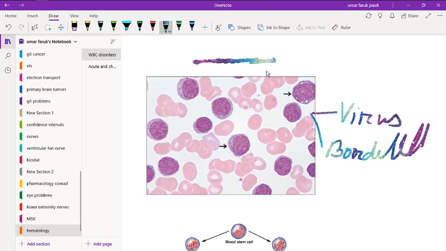Bordetella pertussis releases lymphocytosis promoting factor, which blocks the lymphocyte from leaving the blood to enter into the lymph node, causing lymphocytic leukocytosis.